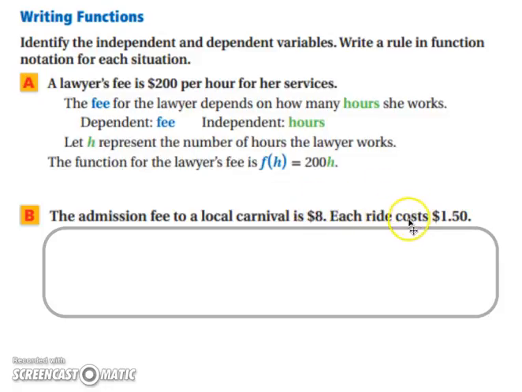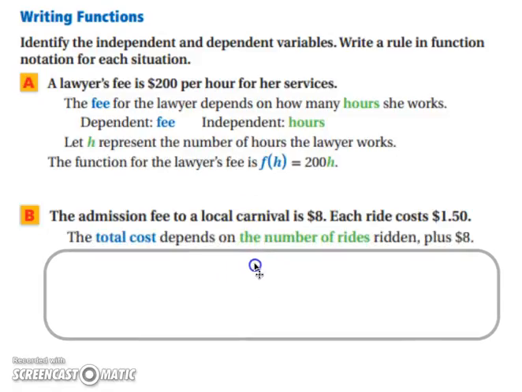Because for each ride, it costs $1.50. So the number of rides you're going on is going to create how much money you have to pay. So the total cost depends on the number of rides. And then you have this plus 8 because that's your initial fee.